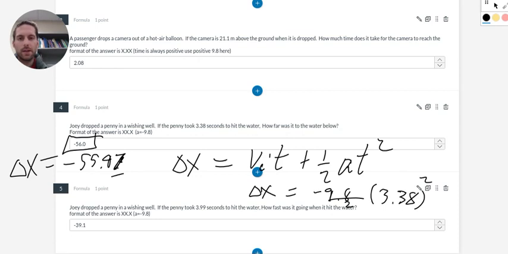Now, we want to know the speed. We got to change the gears here. We don't have V final. We know it's a drop, so V initial is 0.